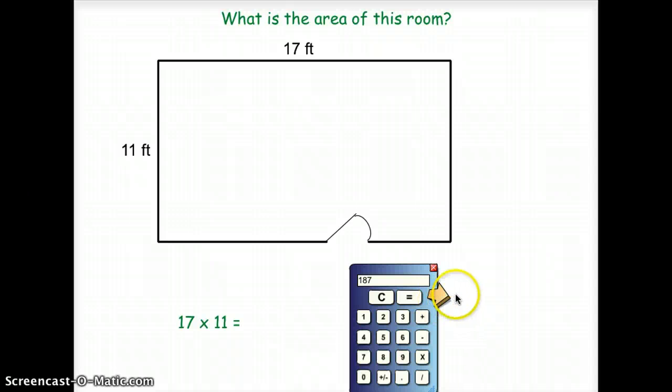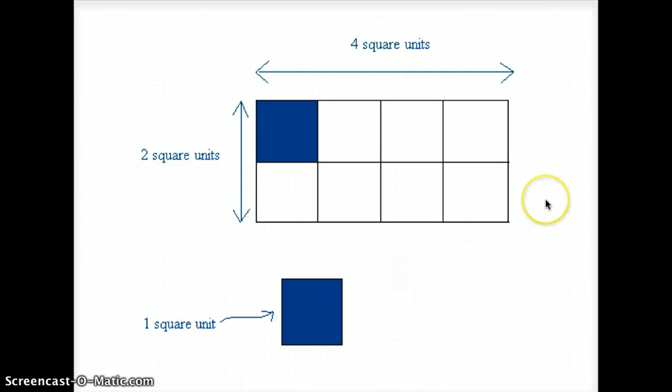187. Now, if that didn't make sense, let me break it down for you a little easier with a very, very basic example. All we're doing for area is adding the square units inside. Pretend the lines right in here are not here for a moment, and just look at the perimeter of this rectangle.